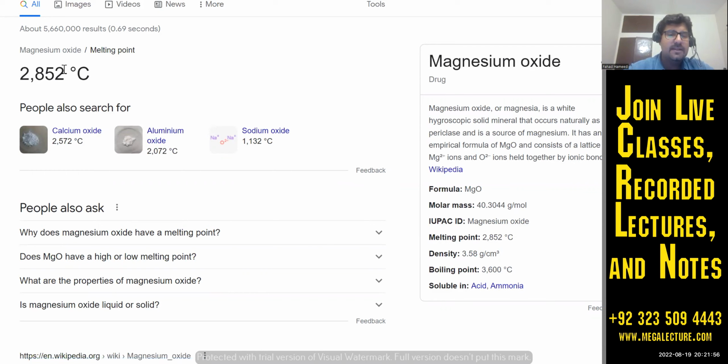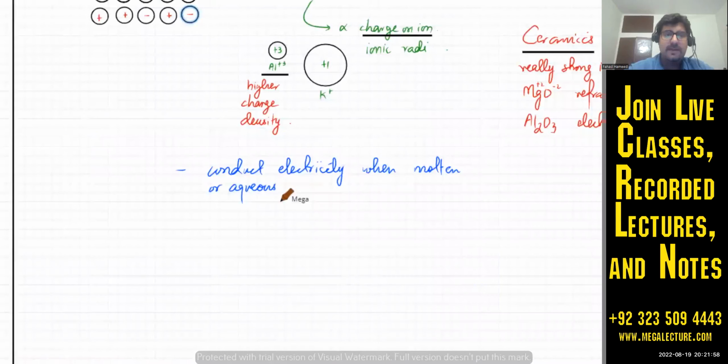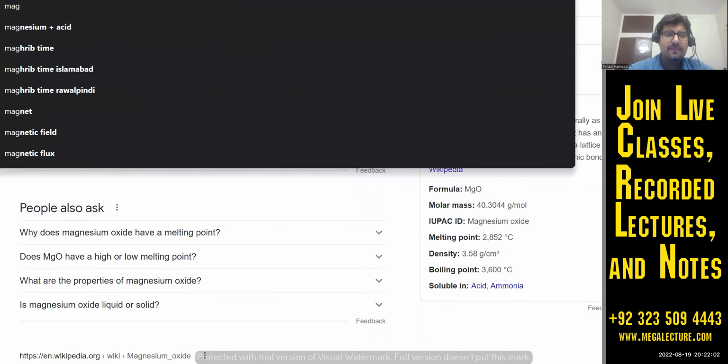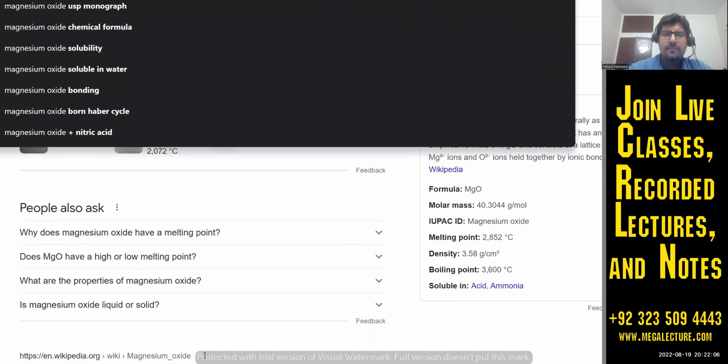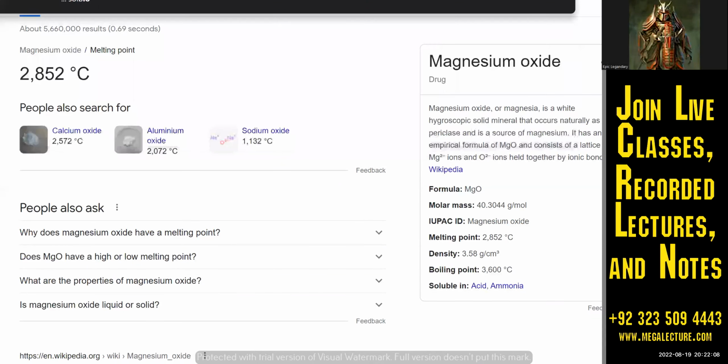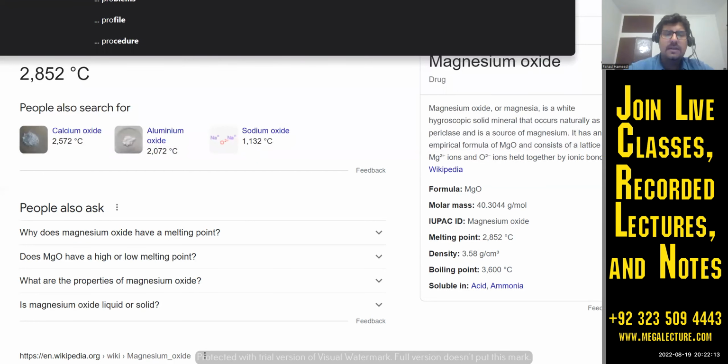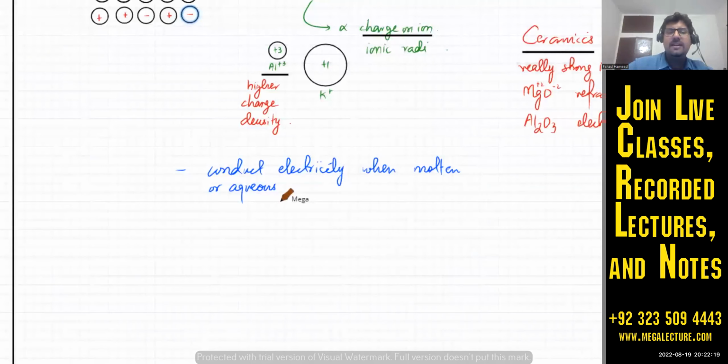When the charges are high, +2 -2, the melting points are high. Let me check magnesium oxide in ethanol. I don't think it dissolves. Why are you saying ethanol? It's a solvent in which many things dissolve that don't dissolve in water. Organic non-polar things dissolve in it, I'll explain that. It's not. I'll also tell you a solubility rule for ionic compounds, okay?